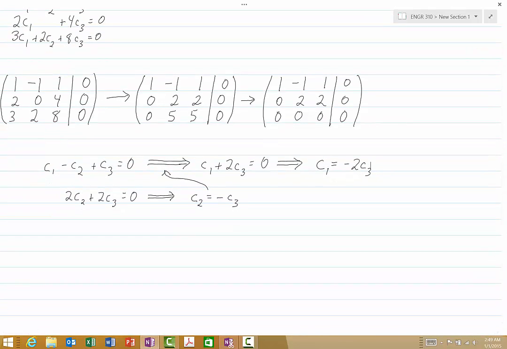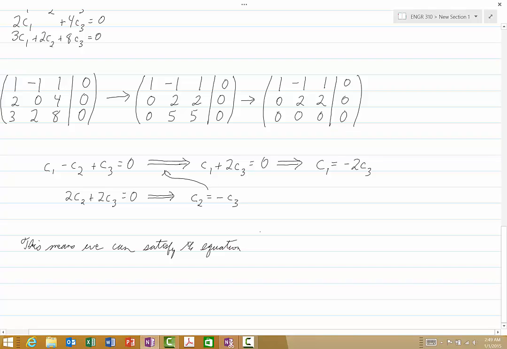So what does all this mean? This means we can satisfy the equation C1V1 plus C2V2 plus C3V3 equals 0.